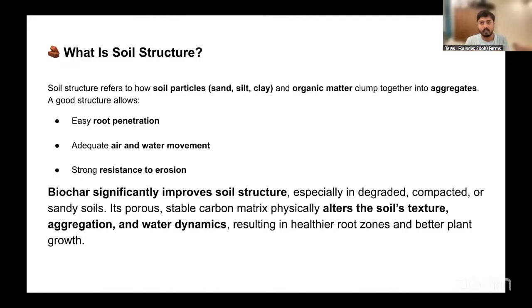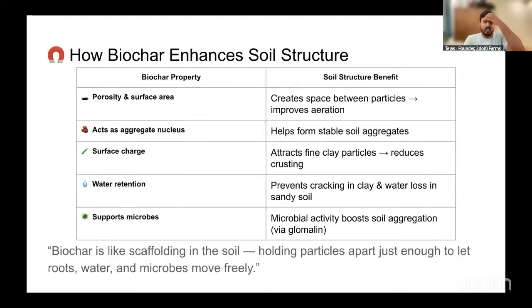Because of that, a lot of nutrients and water come into one place, and these places become ideal for roots and can reduce erosion as well. Biochar enhances soil structure because of its porosity, its ability to aggregate, surface charge and water retention. Basically, biochar is like scaffolding in soil, holding particles apart just enough to let roots, water and microbes move freely.